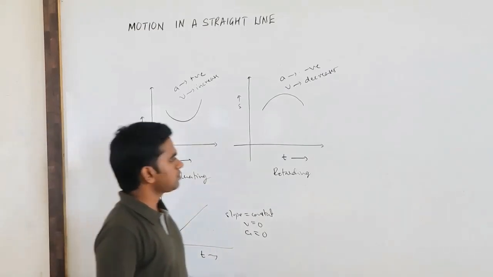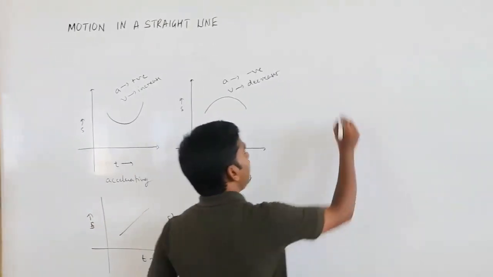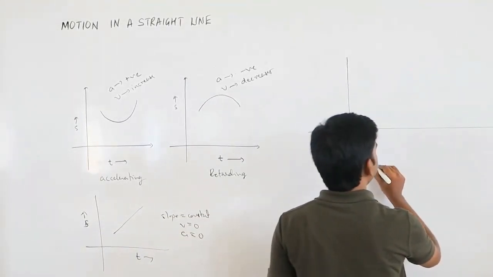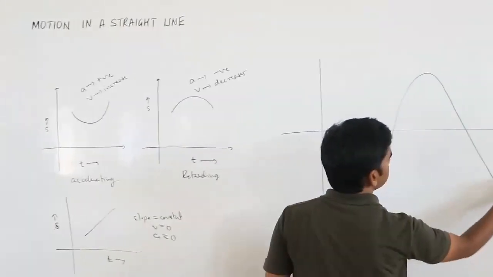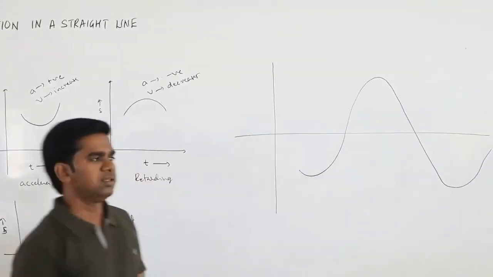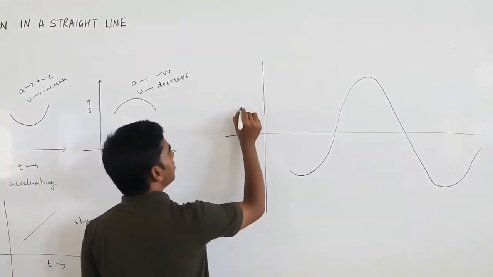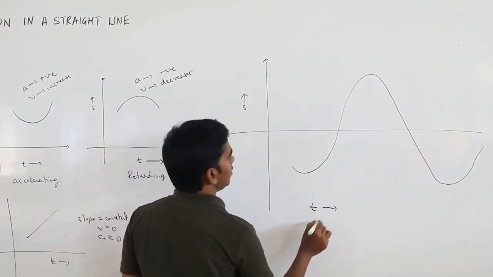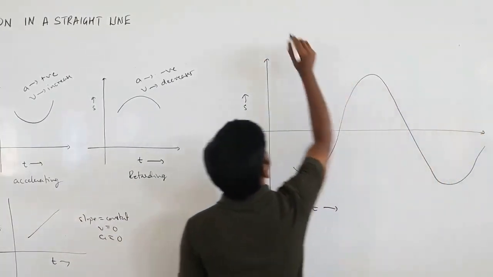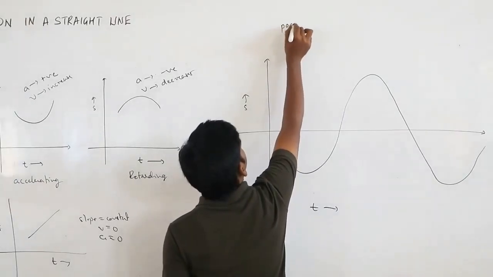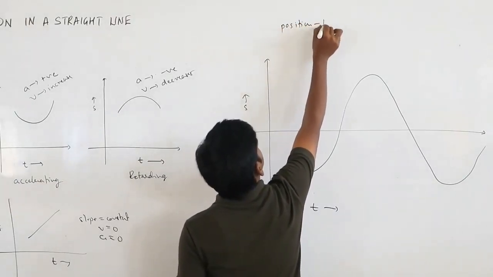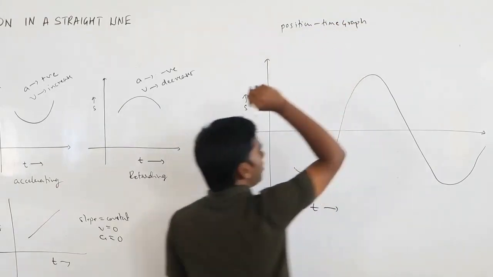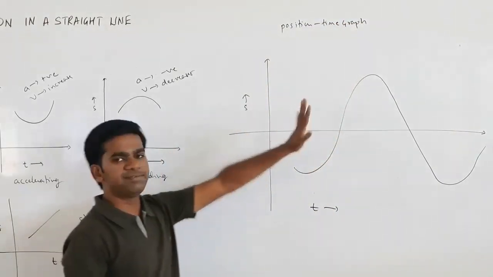Okay. Suppose you have some random curve, like this. I am taking position here, and time on this axis. So this is a position time graph. Now we have to comment on the different parts.